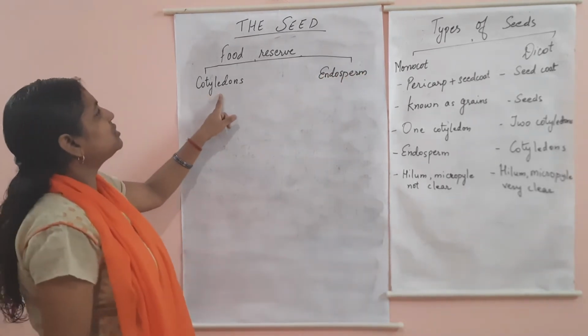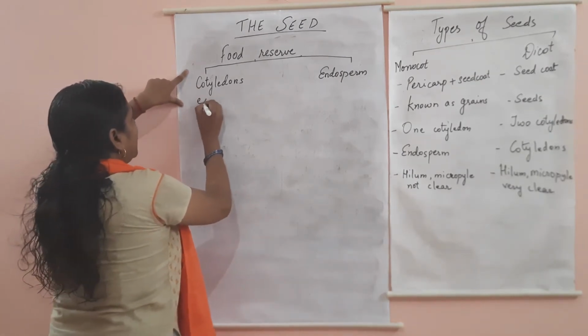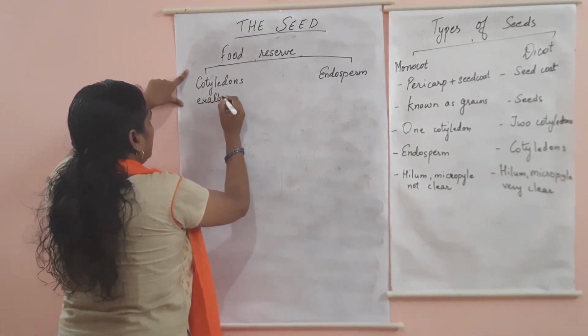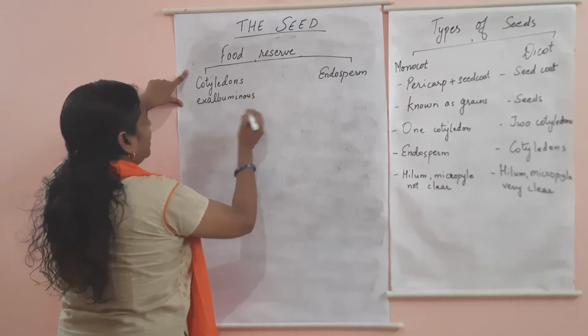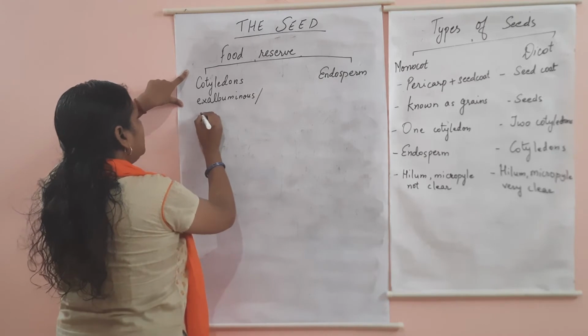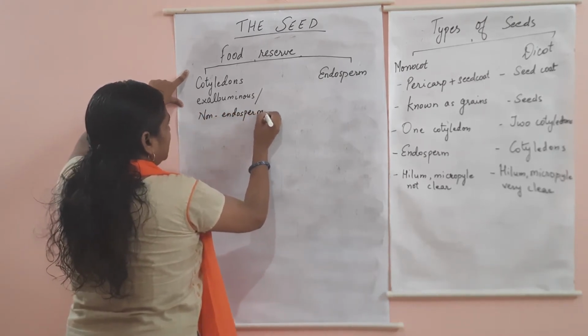If the food is reserved in the form of cotyledon, it is known as exalbuminous or non-endospermic seeds.